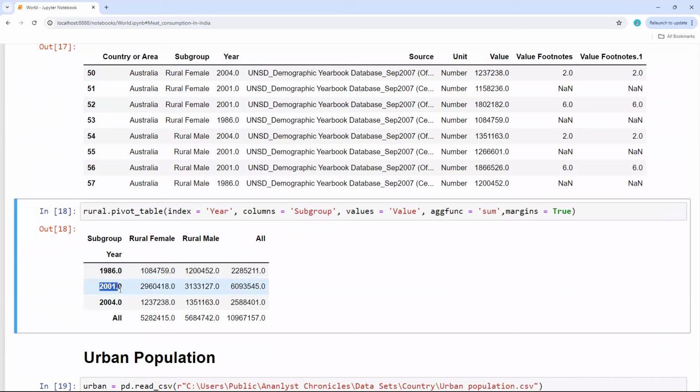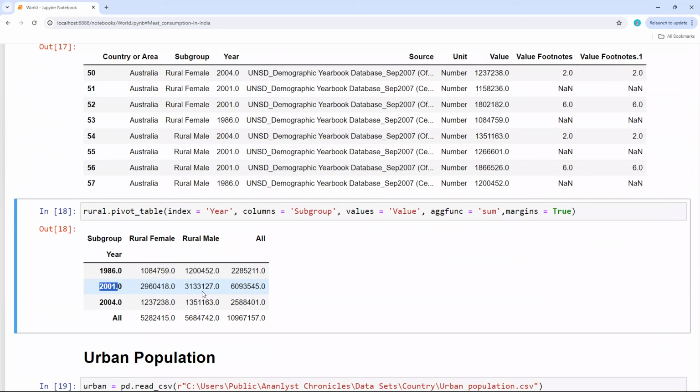And for 2001, rural female is 2.9 million, I think 29 lakhs 60,000. Yes, 2.9 million. And the rural male population has increased to 3.1 million. Total is 6 million people, 60 lakhs in 2001.